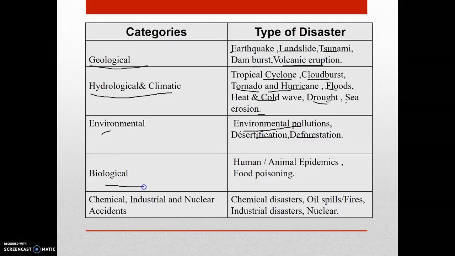In biological, we have human and animal epidemics, food poisoning. In chemical, industrial, and nuclear accidents, we have disasters like chemical disasters, oil spills, and fires, industrial disasters, nuclear, etc.